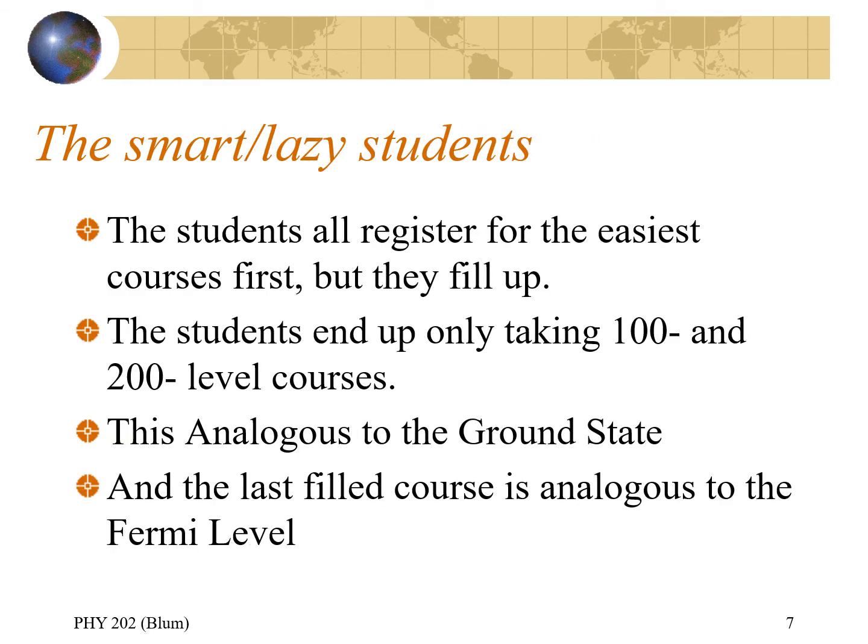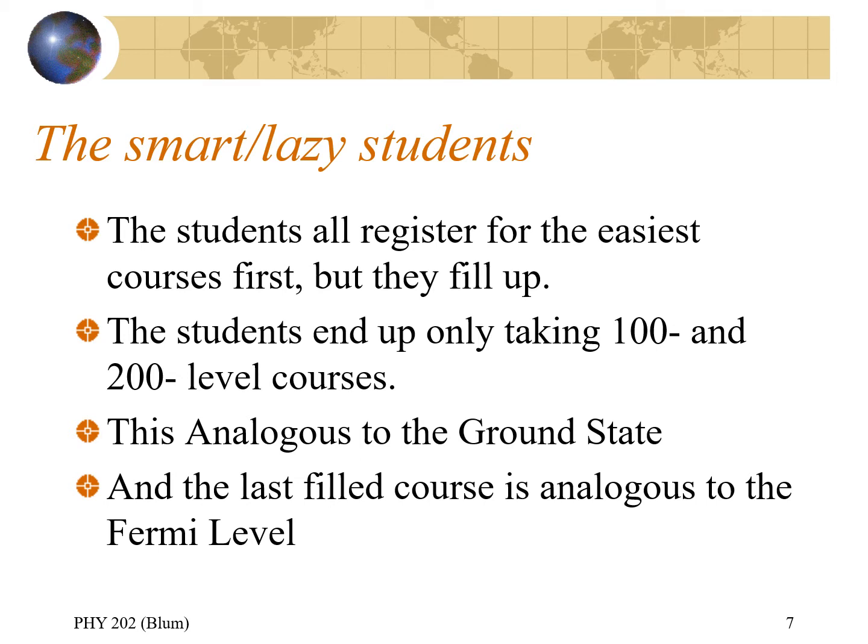So the students at Semiconductor U are going to register for their courses, and because they're smart or lazy, depending on your point of view, they take the easiest courses. But those courses will fill up. Remember, we have 100 students taking 4 classes, so 400 slots to be filled, and the 100 level had itself 200 slots, and the 200 had 200 slots, and so that's where we end up.